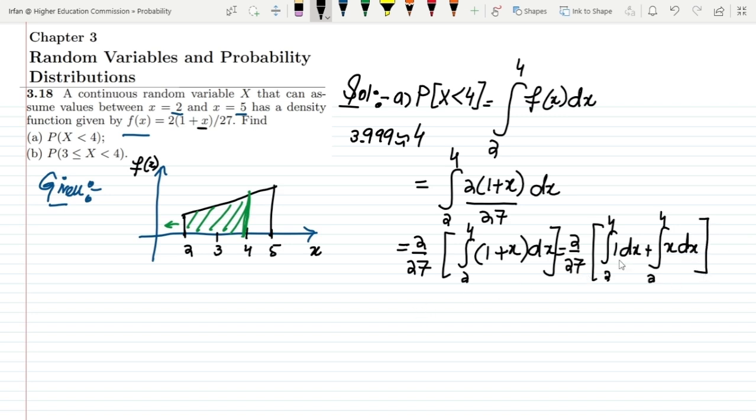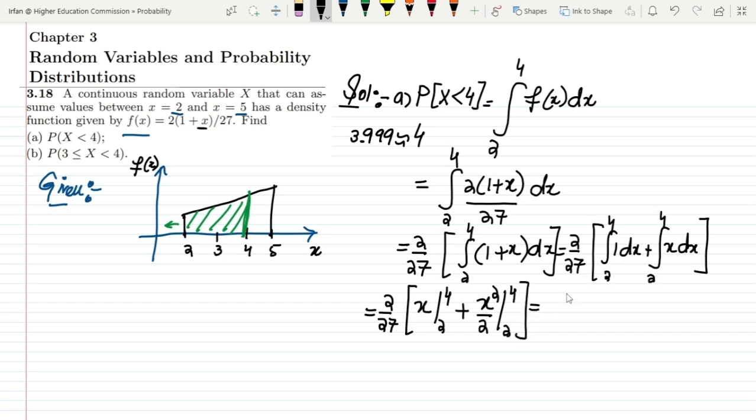Okay, now simplifying it, solving it, what we will get here, I will get 2 by 27, and the values here we will have x, and here 2, 4, and here I will have x square divided by 2, and the values are here again 2 and 4.